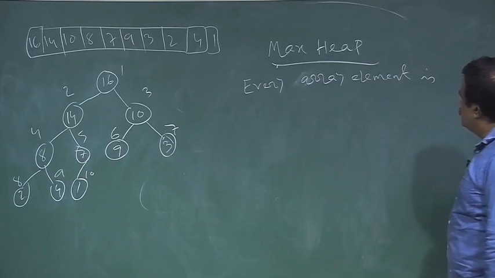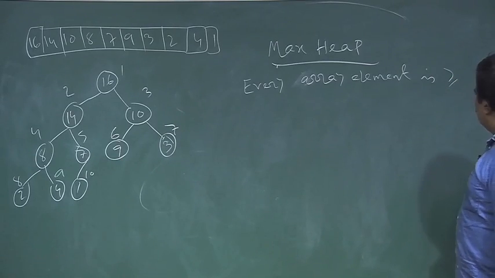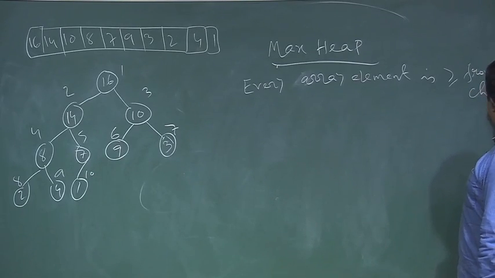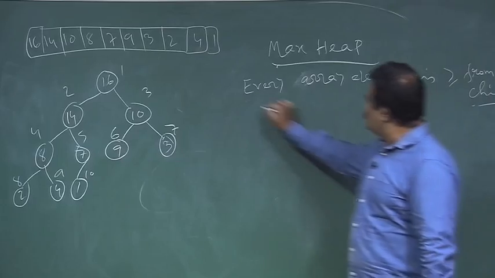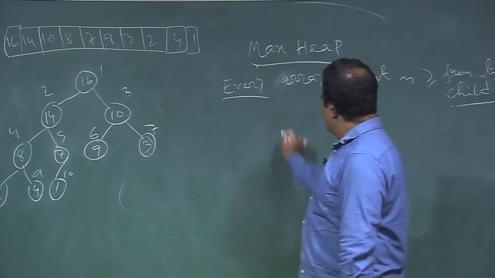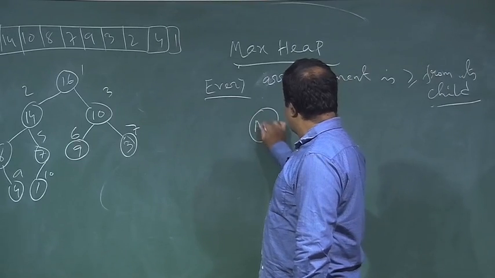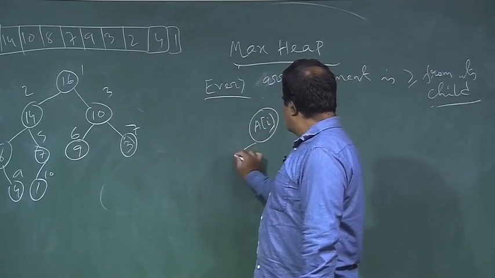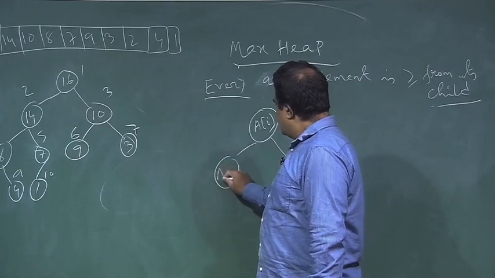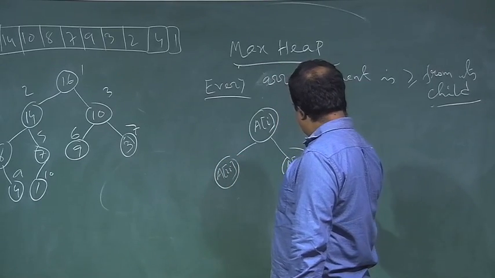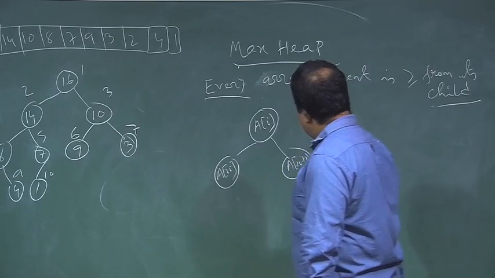is greater than or equal to its children, for every element, and if this is true for every element. So, if this is the ith element, then the children are A[2i] and A[2i+1].